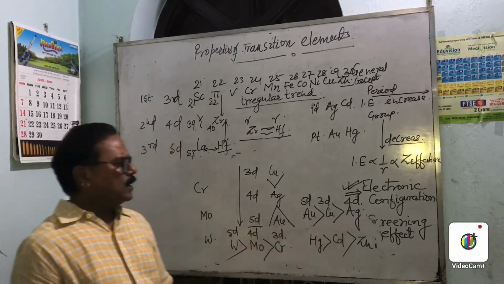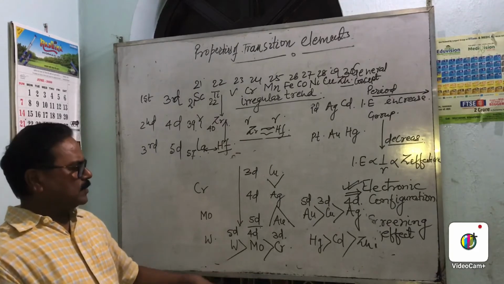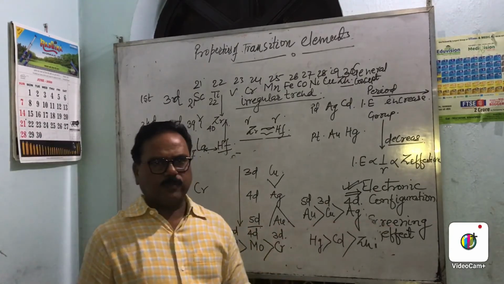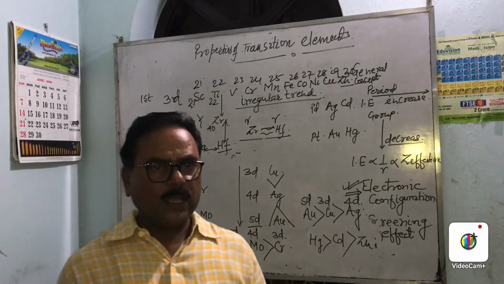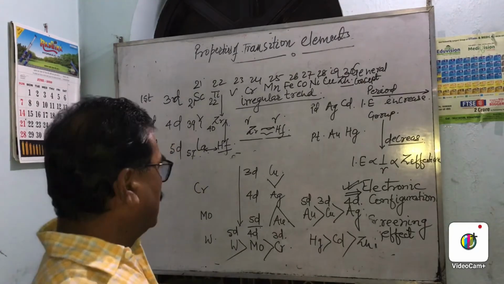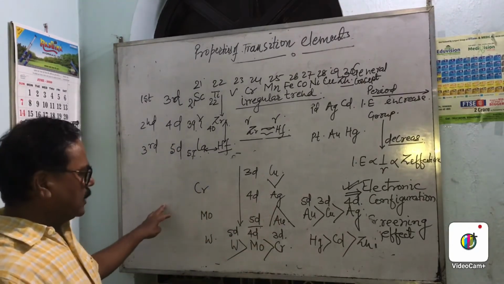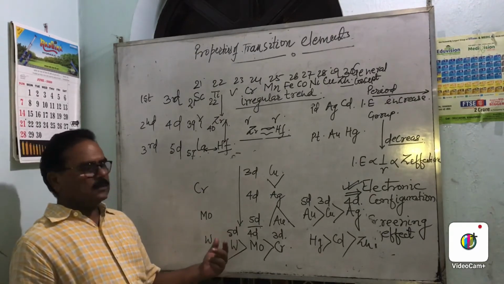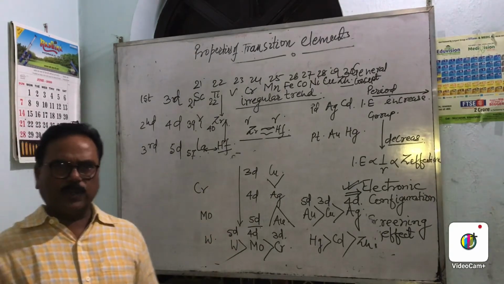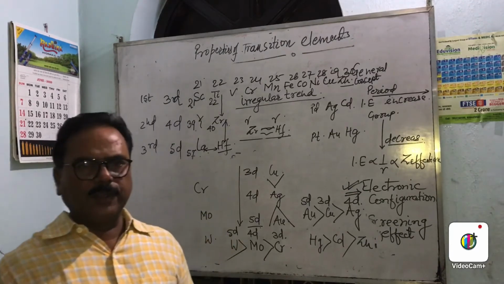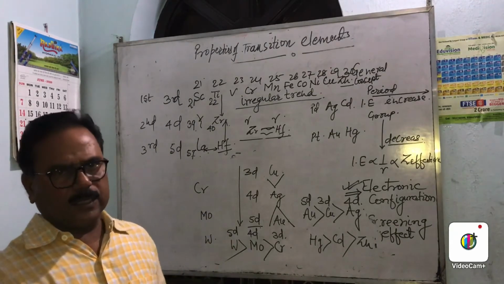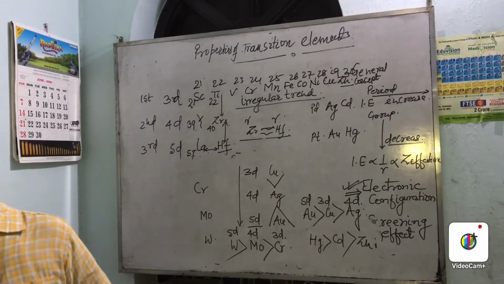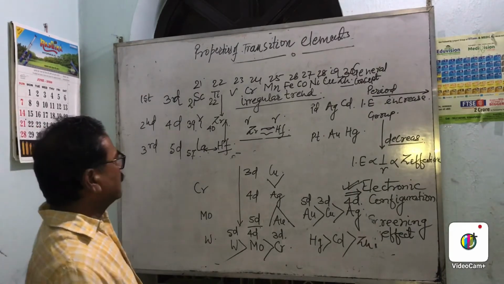What is the reason for the exception? This is explained by the lanthanoid contraction, and the general order in a period, that out of 3d, 4d and 5d, the 5d series has the highest ionization energy, is also due to the lanthanoid contraction.